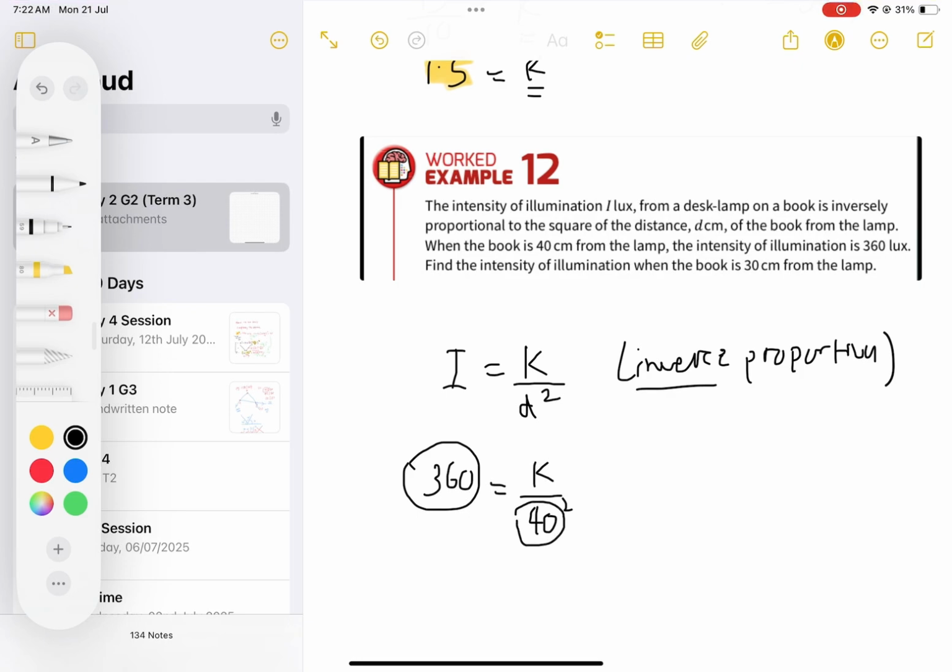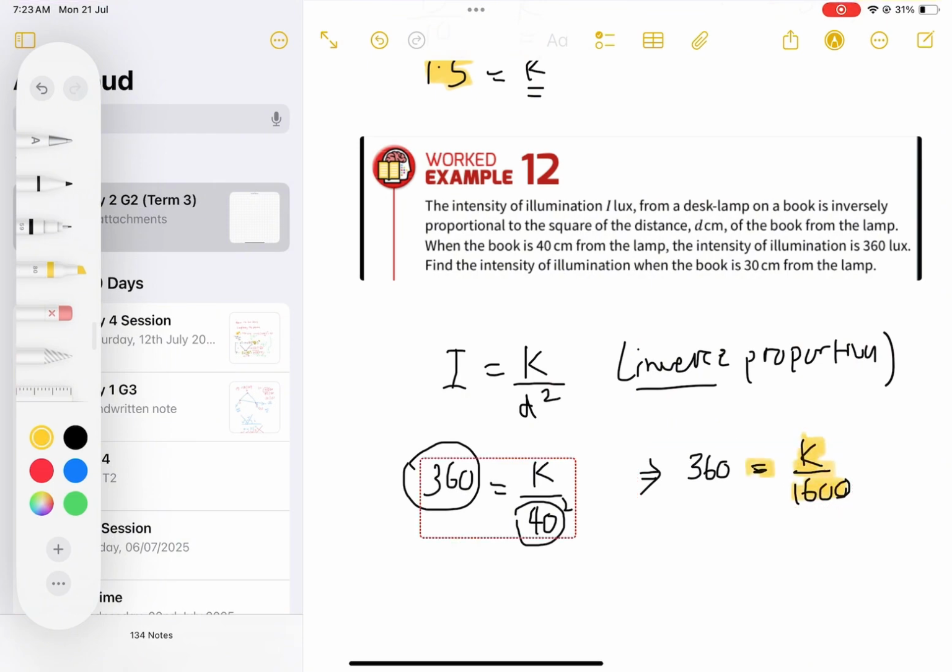So using the cross multiplication that you have learned in set 1, 360 is equals to K over 1600. Remember, let's revise. When do we cross multiply? Cross multiply is when we have an equal sign and a fraction.